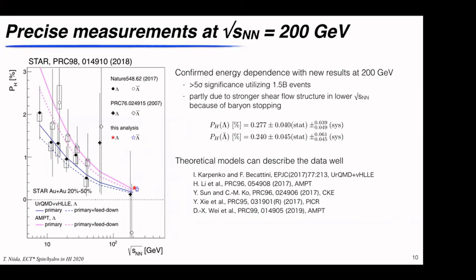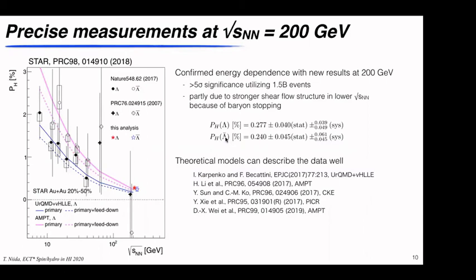We noticed that, of course, and we don't have any clear explanation, but this is what we get from the data. If you look at the error bars, this difference is not significant, so we don't claim there is a difference, and we don't say lambda is larger than anti-lambda at this moment.